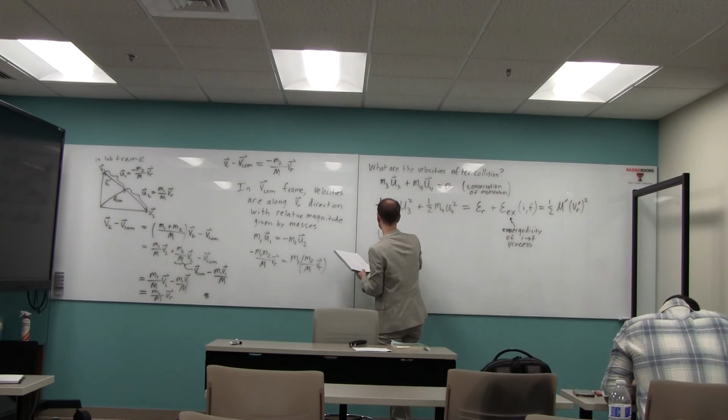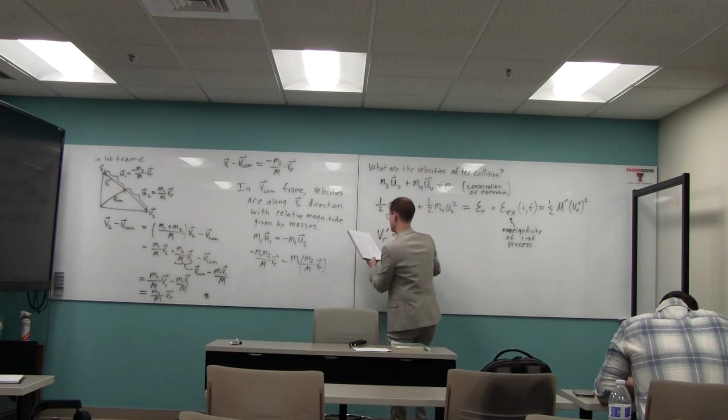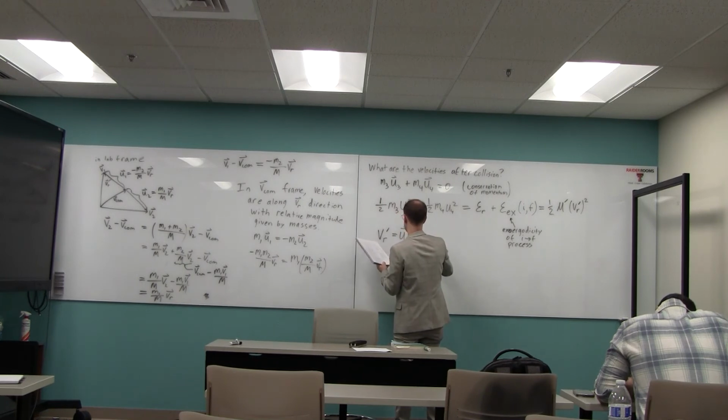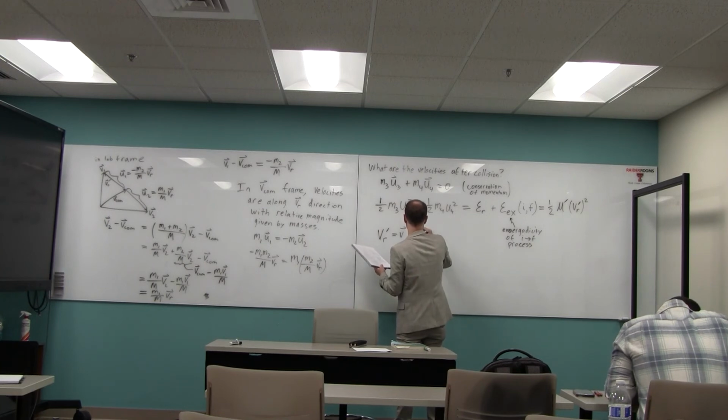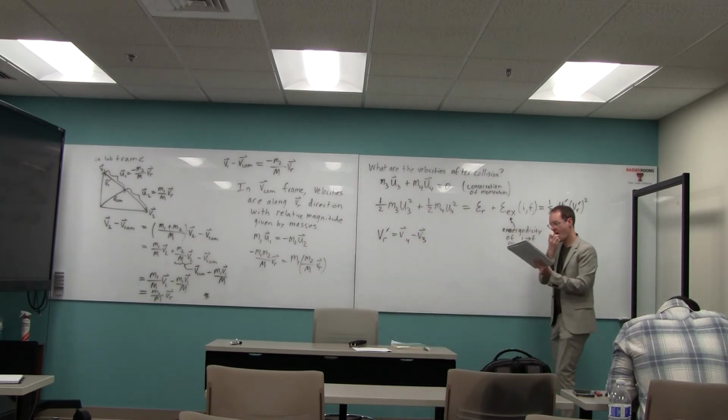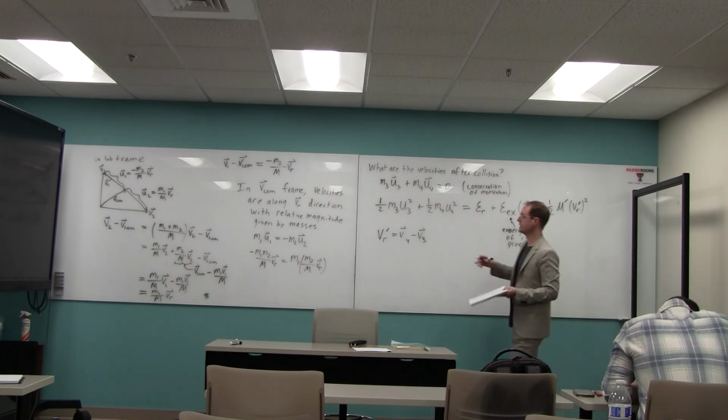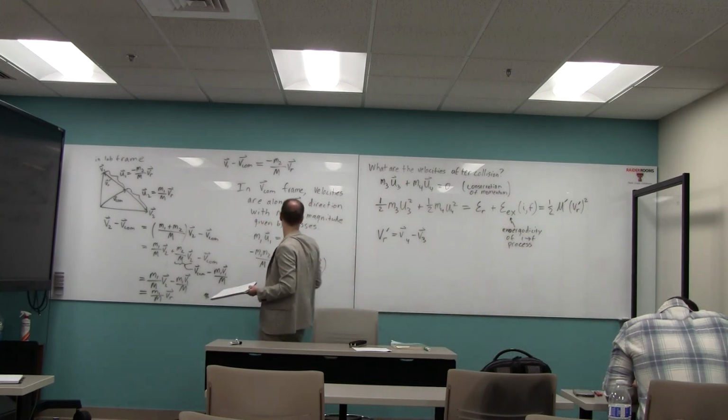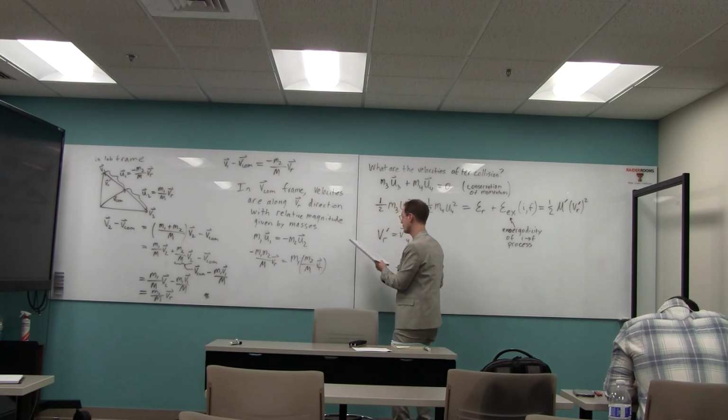Well, first of all, VR prime, which we defined over here, we'll define that as V4 minus V3. And if we analyze this in the same way that we did over here, then we can determine U3 and U4, and we're going to get an analogous result.